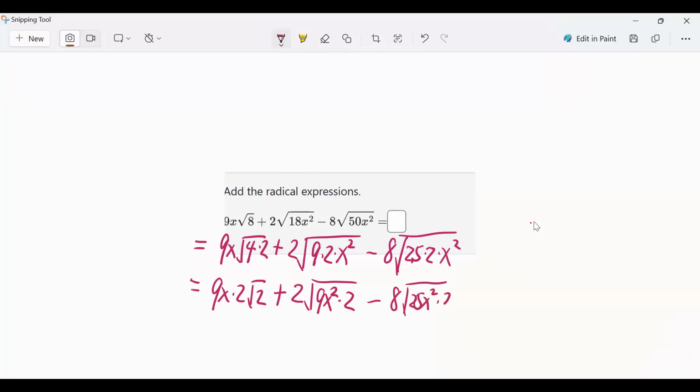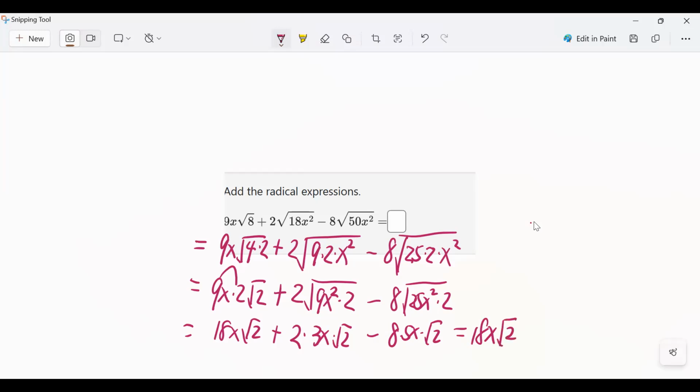25x squared times 2. And simplify: 9x times 2 is 18x radical 2. First term, second term, 2 times 3x radical 2 minus 8 times 5x radical 2. So that was 18x radical 2 plus 6x radical 2 minus 40x radical 2.